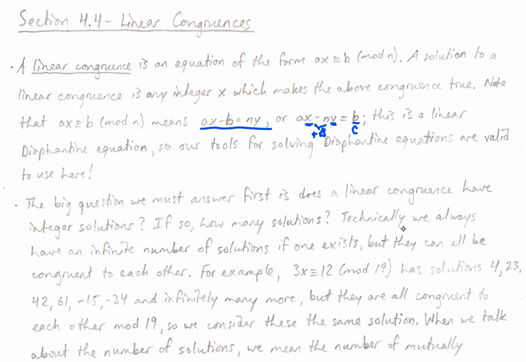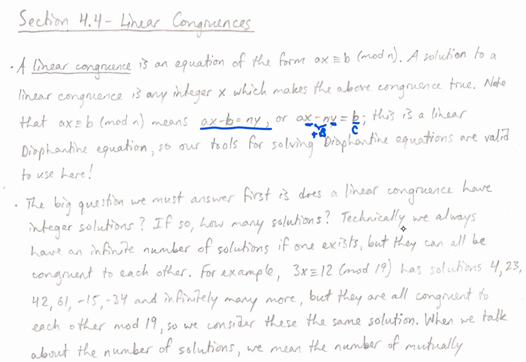Here's a really basic one here. 3x is congruent to 12 mod 19. It's really straightforward to see that if I plug 4 in for x, I'm going to get 12 is congruent to 12 mod 19. So 4 is one solution.